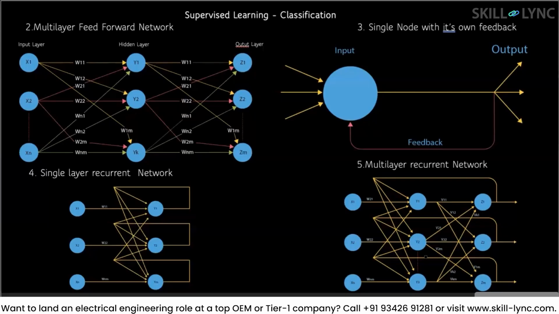There are a lot of different architectures in the outside world, and there are some more neural network architectures, such as the convolutional neural network. In a recurrent neural network, you are giving the feedback and trying to come up with a better solution.